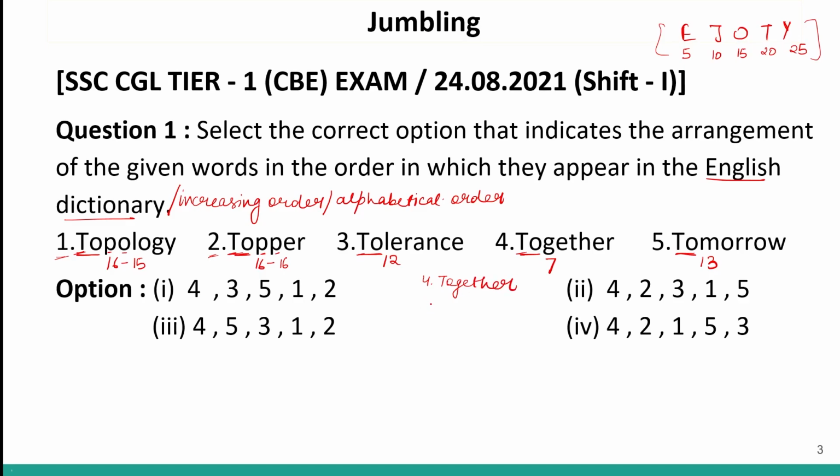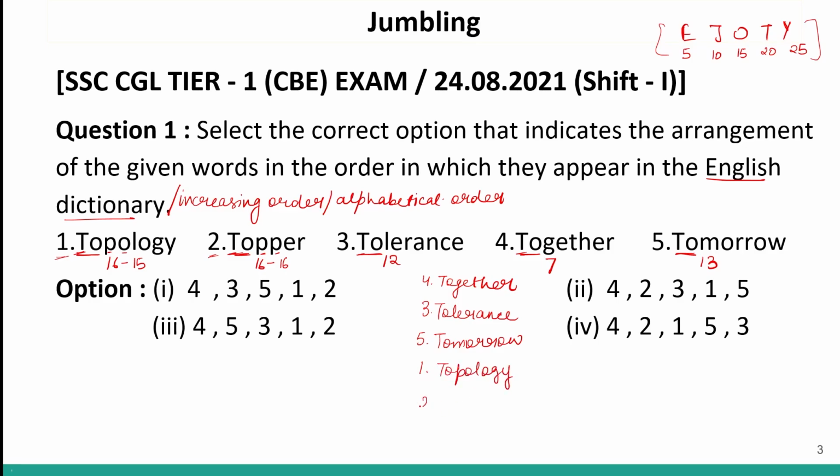Then after this, the next word will be tolerance. The next word after this will be tomorrow. The next word after this will be topology.